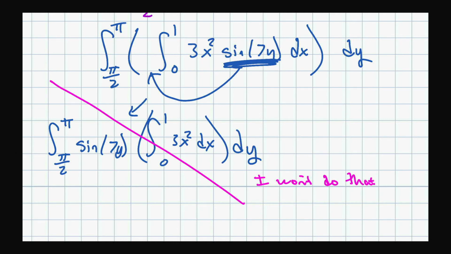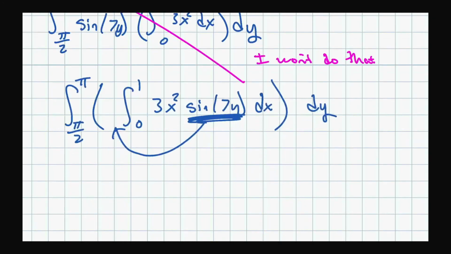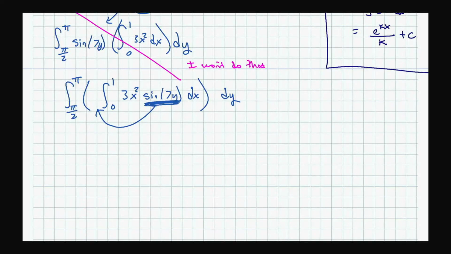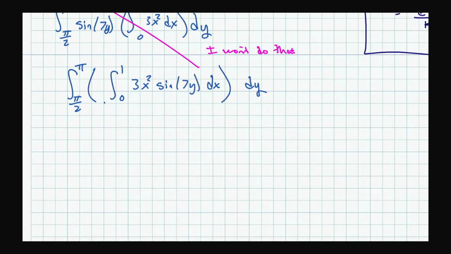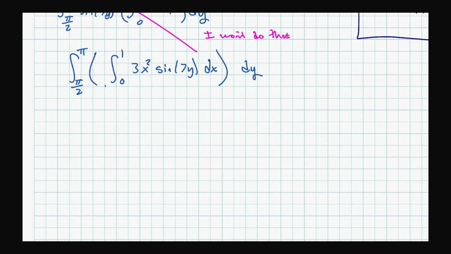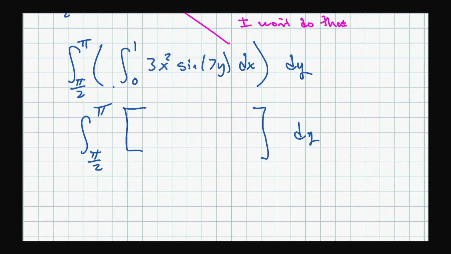What I want to do instead is show you what I would normally do. This is just how I prefer to write things. I know I've had professors write things where they pull it out. So for me, this is what I would do. I would just go pi over 2 to pi. I'm just carrying that along. And when I do this integral on the inside here, I would say, okay, well, the antiderivative of 3x squared is just x cubed, right?